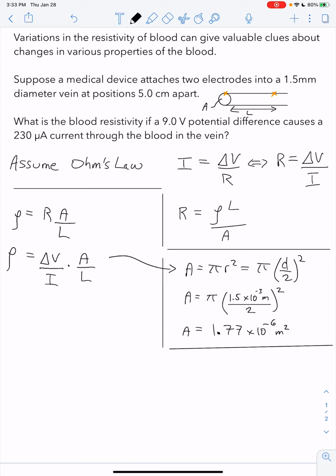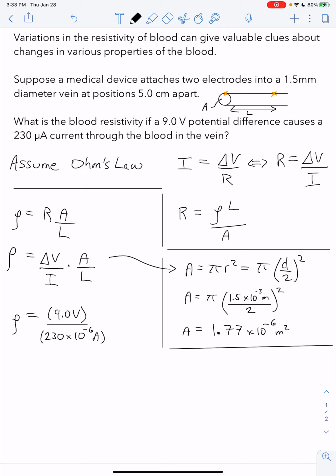Okay, so now we have all of our values, and so we can start to substitute in and make progress towards our goal. So this is 9 volts divided by our current. Okay, so for our current it was 230, and then this is a factor of minus 6 amps.